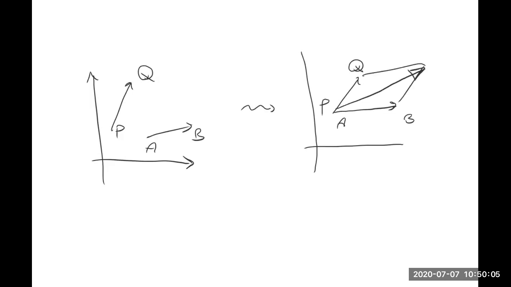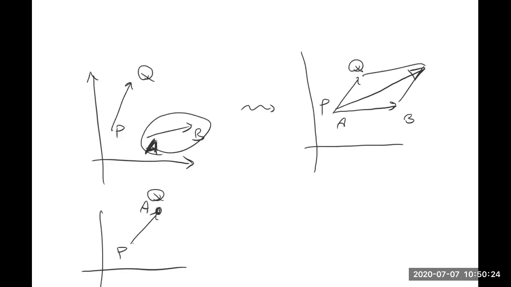The other way is to use what is called tip-to-tail, which means if I have PQ, I can move AB, bring the beginning of AB here, and put AB here. And then if you connect the beginning point to the final point, that's also the sum. That's the third way to compute this sum. All of these ways are equivalent. You can do any one you want.